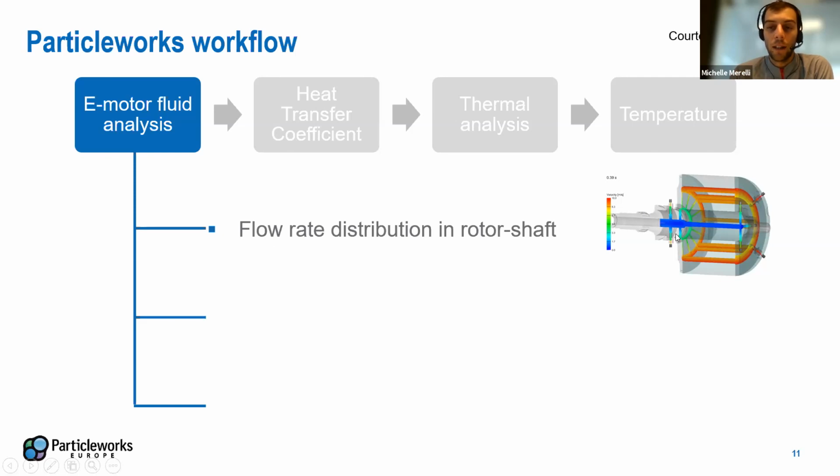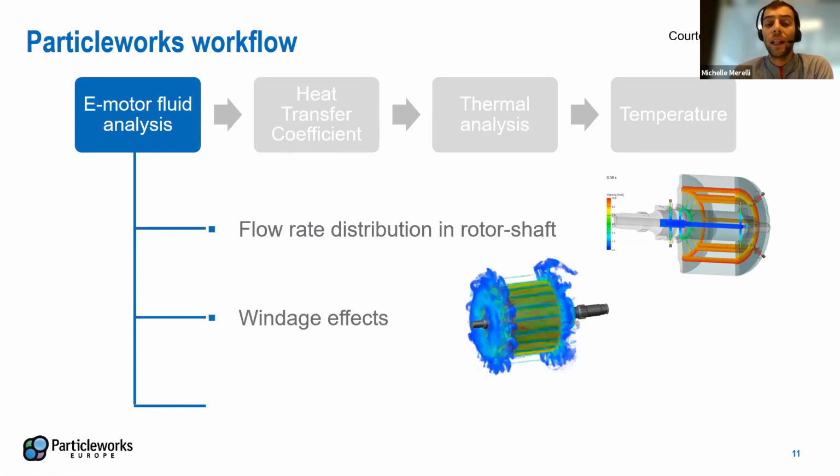In this case, for instance, a rotating circuit was introduced in the shaft and the rotor, and we needed to understand the distribution of flow for the different RPM conditions. Then what we can do is also include the air effect. So inside Particleworks, we can simulate air in different ways.